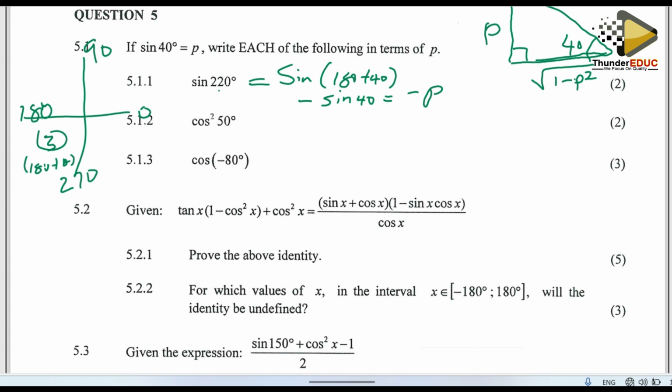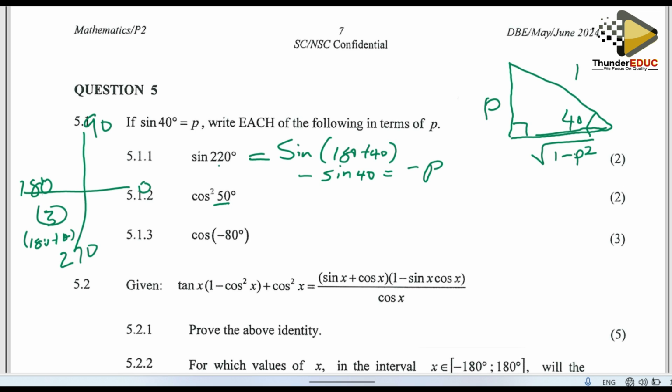Then the next part, they're asking for the cos of 50, squared. From this triangle, if this is 40, automatically this is going to be 50, if I choose to use the sketch. For cos, I know that cos is adjacent over the hypotenuse.